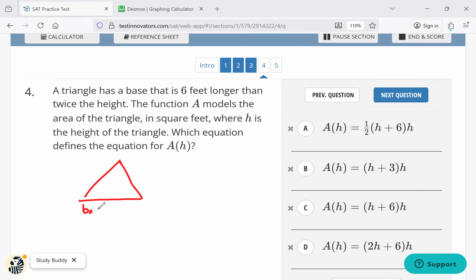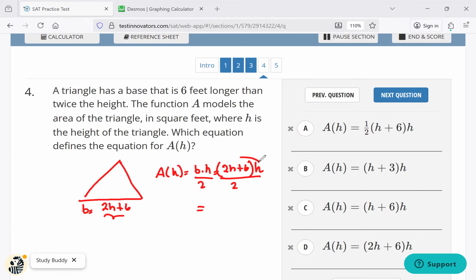So I can write an expression: it would be 2 times h plus 6. And we have to find the area of this triangle. What is the area of a triangle? It's base times height over 2. So my base is 2h plus 6, and my height is just h, all over 2.